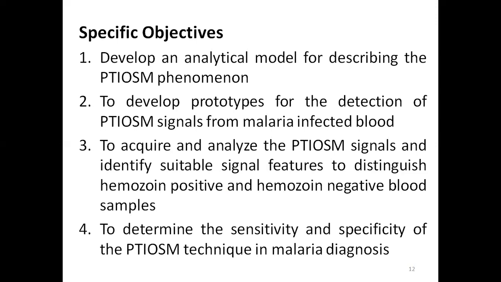The specific objectives were to develop an analytical model for describing the photothermal-induced optical scattering modulation phenomenon, to develop prototypes for detection of photothermal-induced optical scattering modulation signals for malaria-infected blood, to acquire and analyze the signals and identify suitable signal features and techniques for distinguishing hemozoin positive and hemozoin negative blood samples, and determine the sensitivity and specificity of the technique in malaria diagnosis.